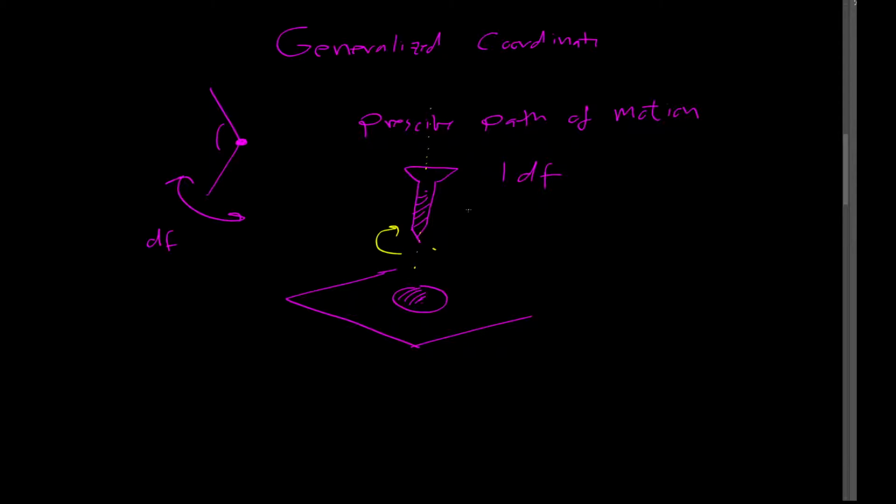So really, this system, even though we could only say you can only move it one way or in 1 degree of freedom, by specifying the direction of the threading of the screw, we can give this an additional degree of freedom. So it's like we can almost get, in quotes, free extra motion.